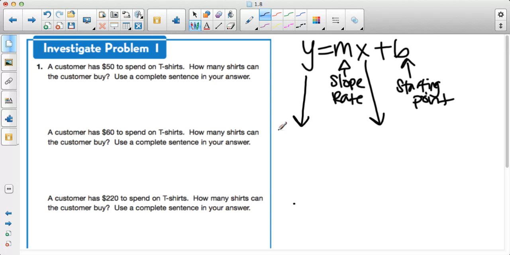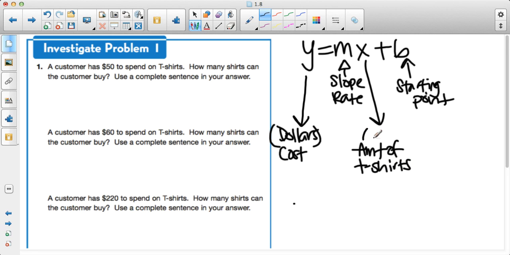So here is going to be my dollars, or my cost for the t-shirt. Dollars is my unit. And then here it's going to be the amount of t-shirts, and my unit there is going to be t-shirts. So what is my slope? What am I going up by each time?